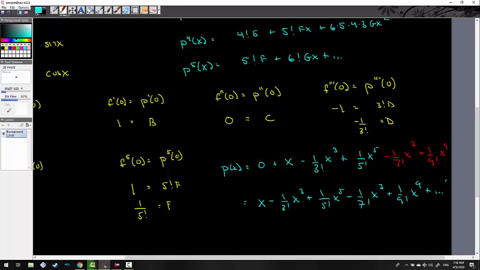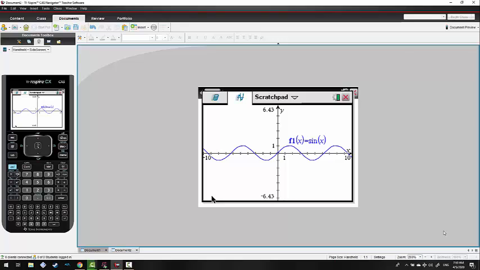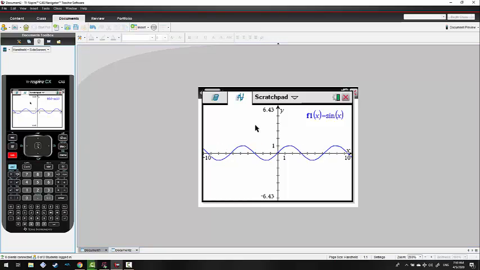Okay, let's go ahead and see what happens when I plug this thing into the Inspire. So here is our TI Inspire right here. Now what I'm going to do is something really odd. I'm going to enter in each piece of our series independently. So I'm going to say, all right, my f2 is going to be x.